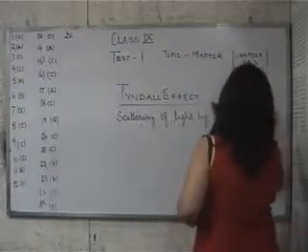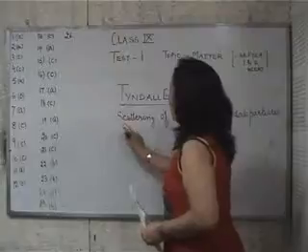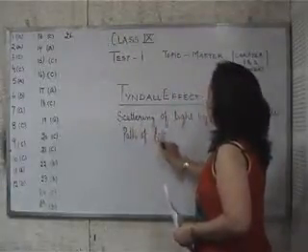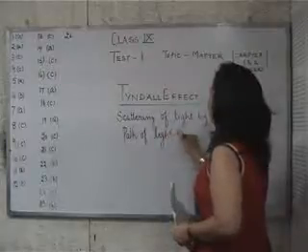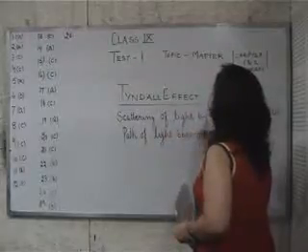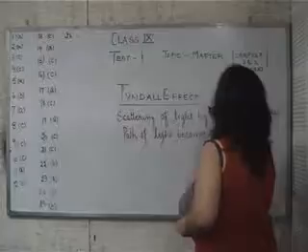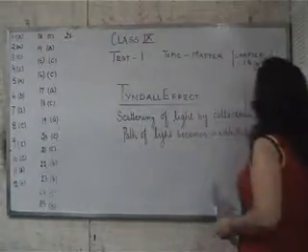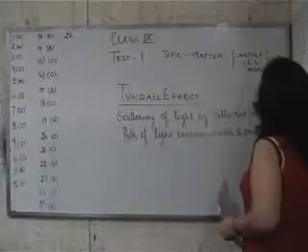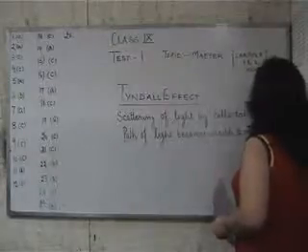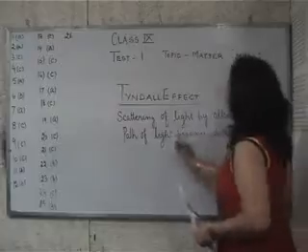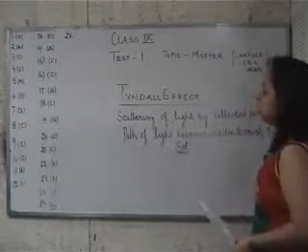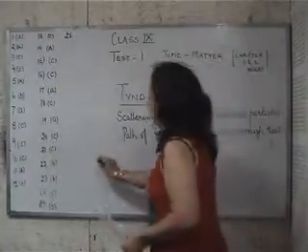Due to this scattering, the path of light becomes visible through that sol. I have earlier explained that a colloidal solution can be named as sol also. This process is called Tyndall effect.